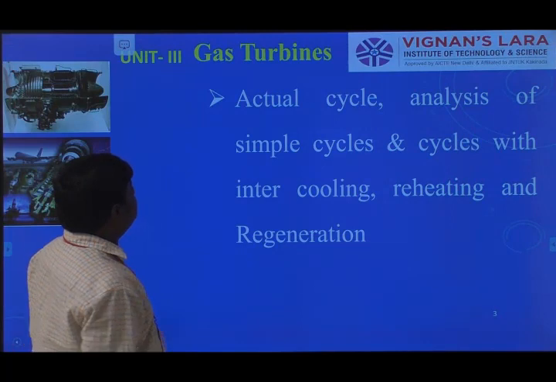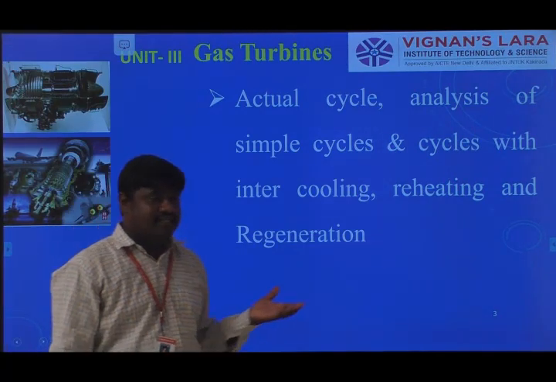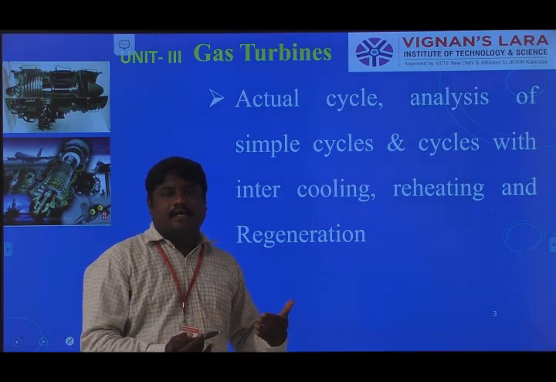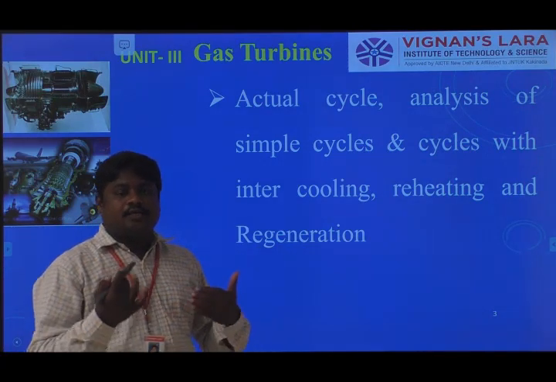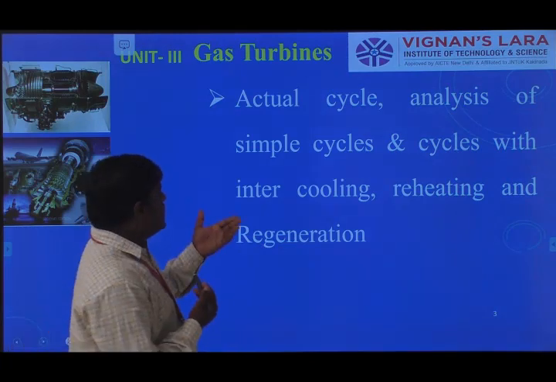Then this is the actual cycle, the analysis of the actual cycle. From this subject's point of view in this unit, we have the ideal cycle, closed cycle and open cycle, and that is the actual cycle.